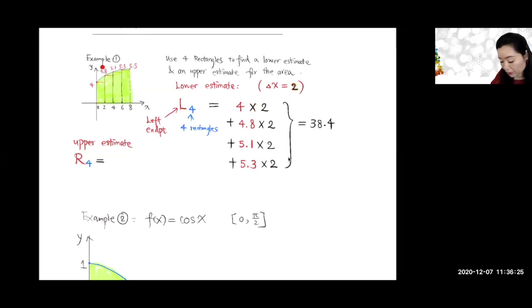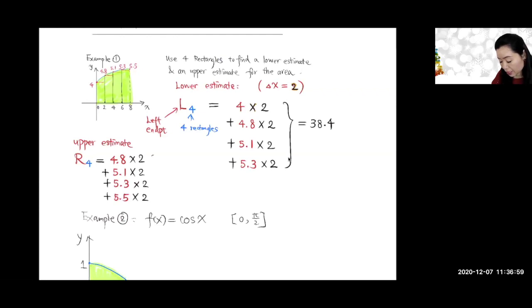So we use 4.8 as the height of that rectangle, times 2. And then 5.1 times 2, and then 5.3 times 2, and also 5.5 times 2.